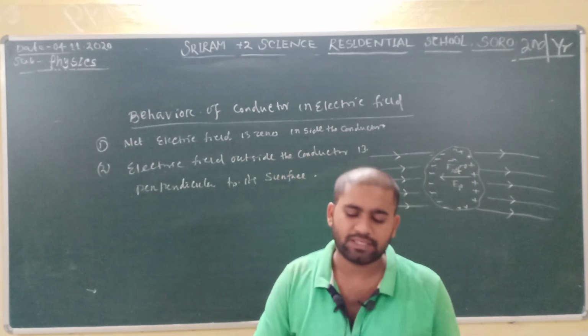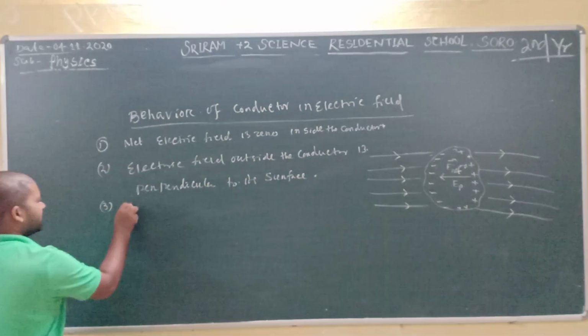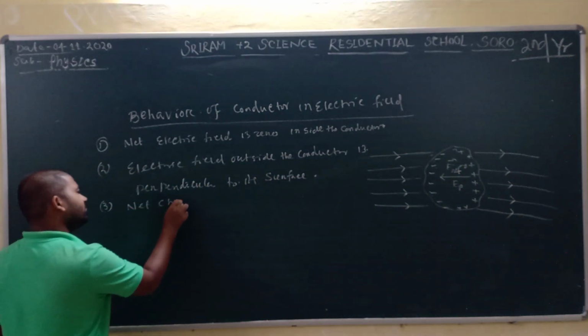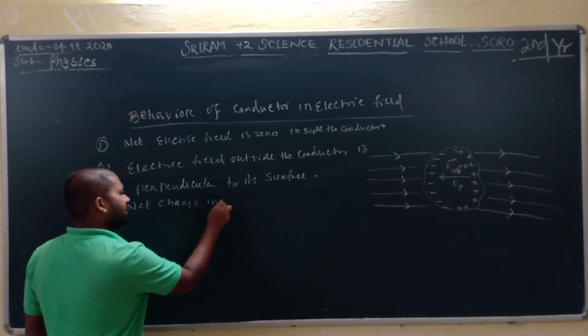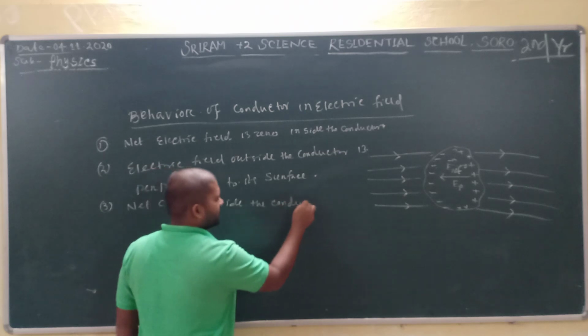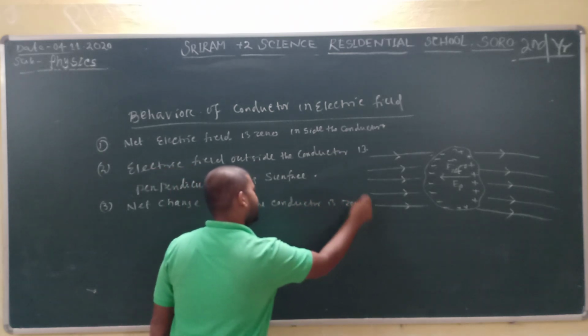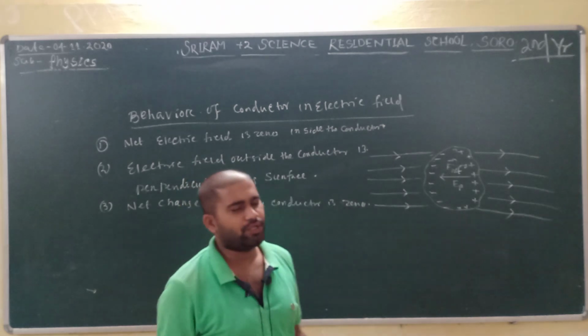So the third point: net charge inside the conductor is 0.